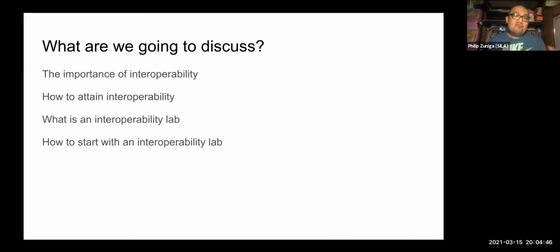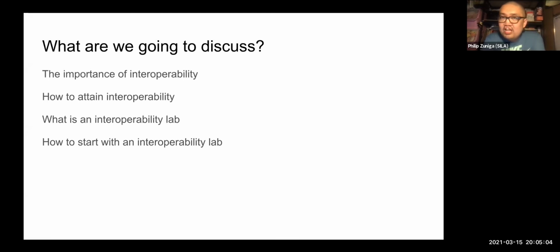So for tonight, what are we going to discuss? Number one, the importance of interoperability. Why do we need interoperability in digital health? The second one is how we attain interoperability.